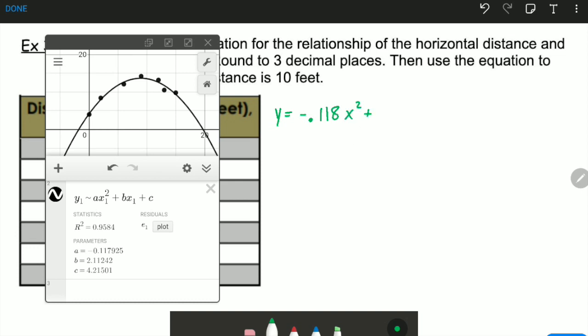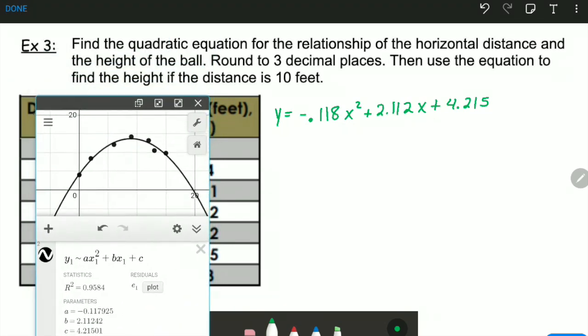B is +2.112 if I round to 3 decimal places. So bx plus c, which is 4.215. So there is our equation.